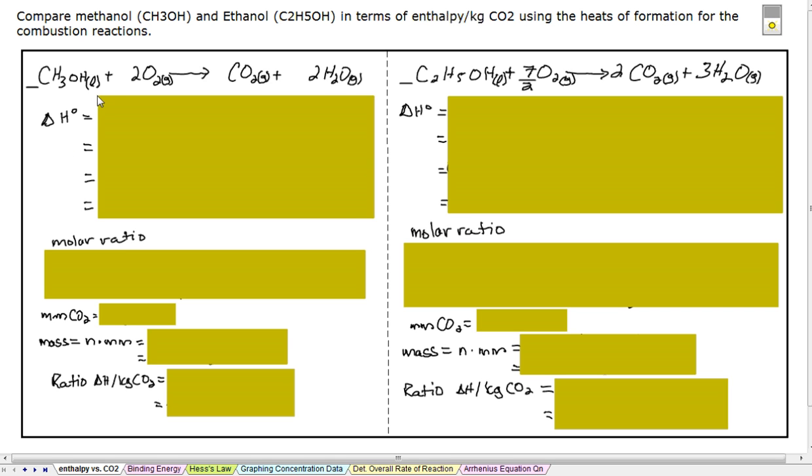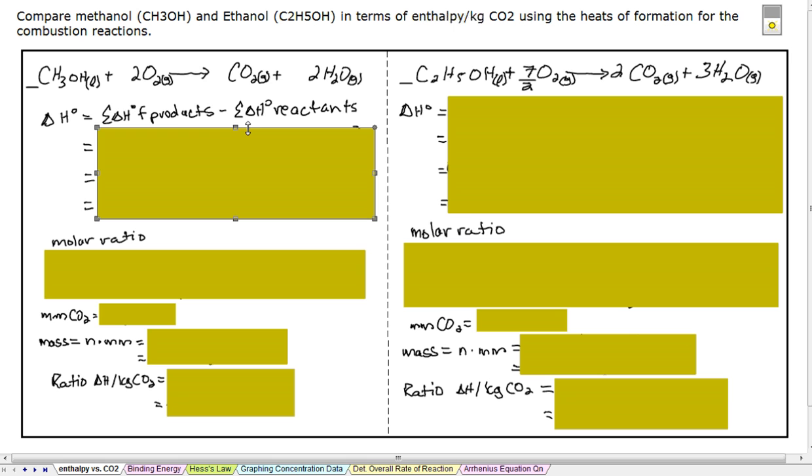So I'm going to scroll down and show you what I put together. Remember that with heats of formation, Hess's law, we take the sum of the heats of formation of the products, and subtract from that the heats of formation of the reactants. I just showed what that would look like.